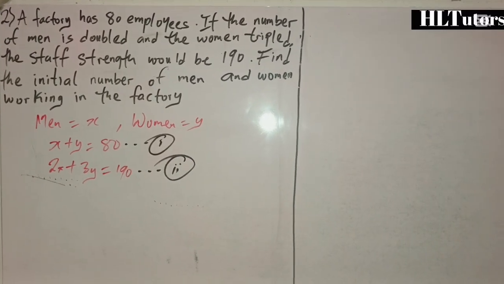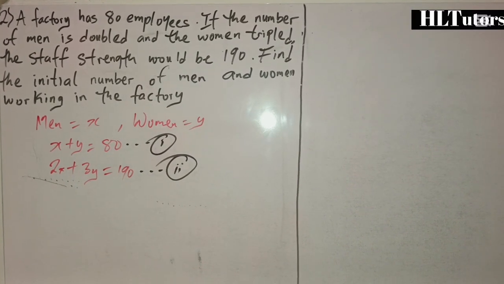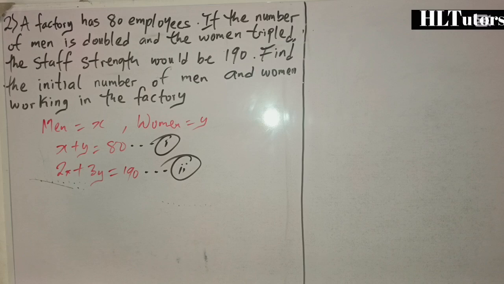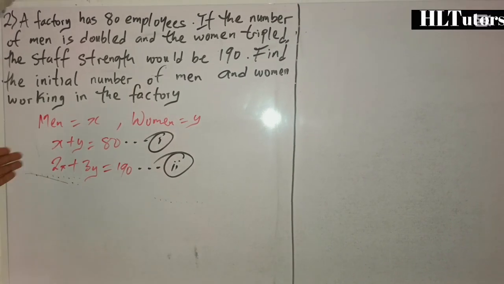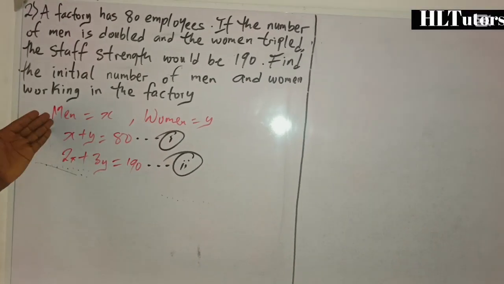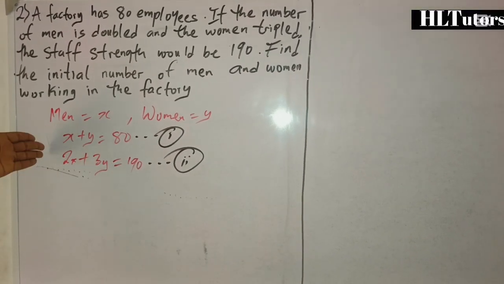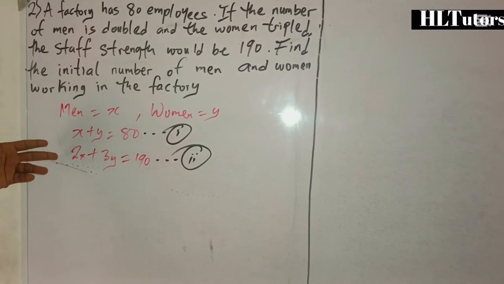Now we can solve these two linear equations simultaneously, and I would prefer to use elimination here. I can eliminate right now if either the two x's or the two y's have the same coefficient.